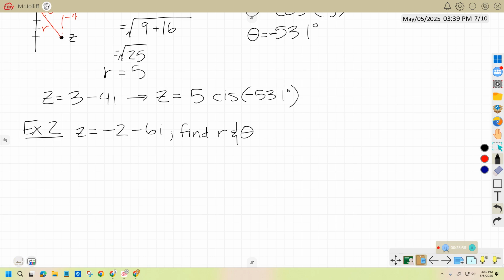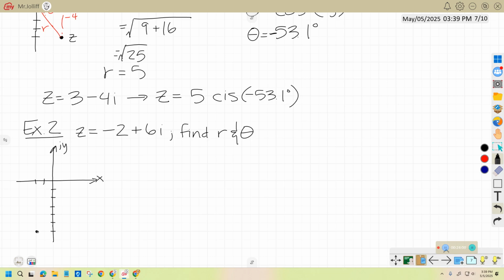All right, so let's go ahead and go through this really quick. So first I'm going to draw my picture. Back 2, down 6. 1, 2, 3, 4, 5, 6. Got to go down a little further.